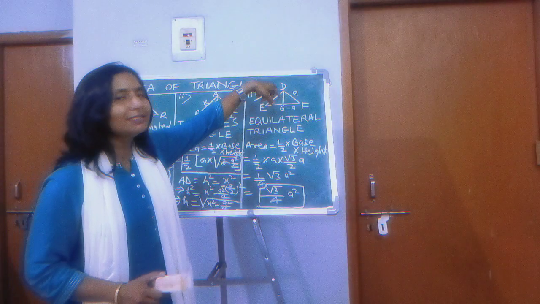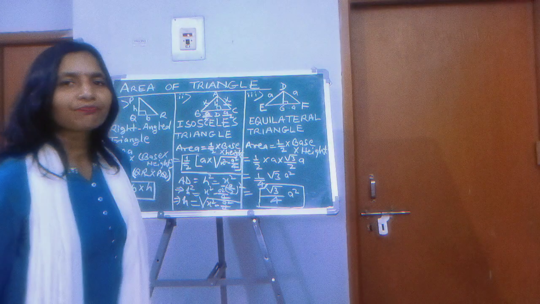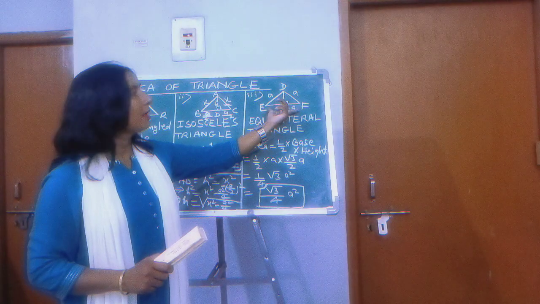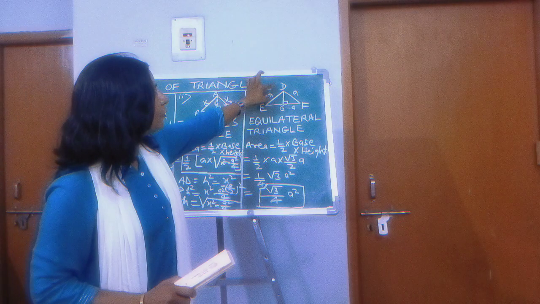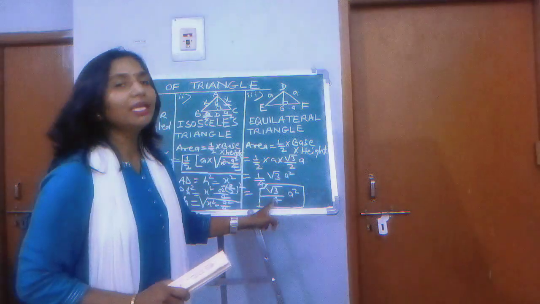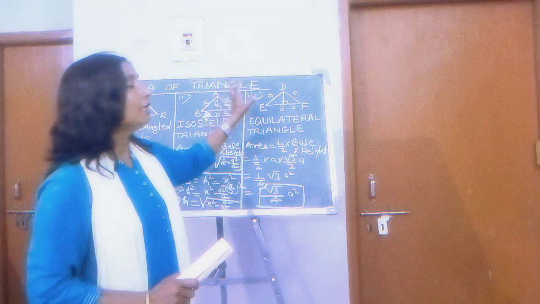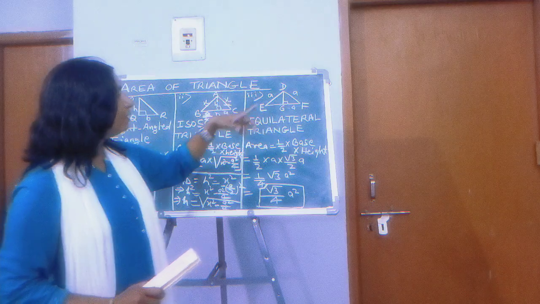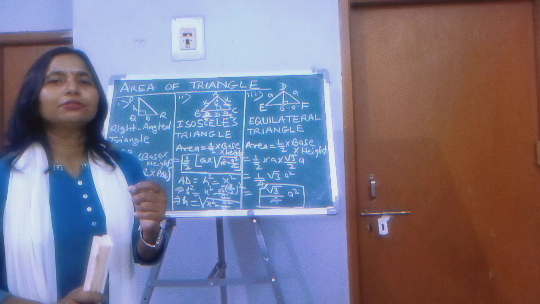First we have to draw one perpendicular altitude from this vertex to the base, and find the value of this altitude, DG. Then we will substitute it here and after calculating we will get the area of the equilateral triangle. So let us find the value of this DG, meaning height or altitude.